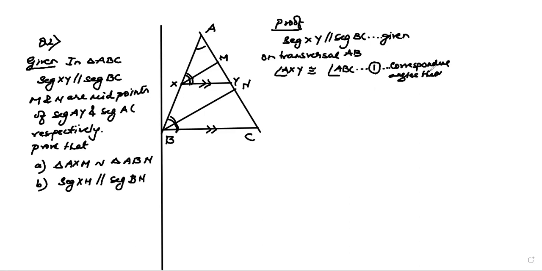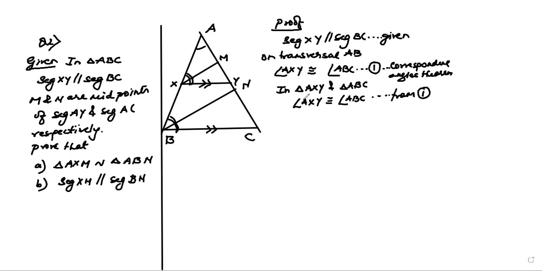And now you can see, children, because these angles are congruent, I can easily prove the two triangles similar. In triangle AXY and triangle ABC, angle AXY is congruent to angle ABC, I'll say from 1.